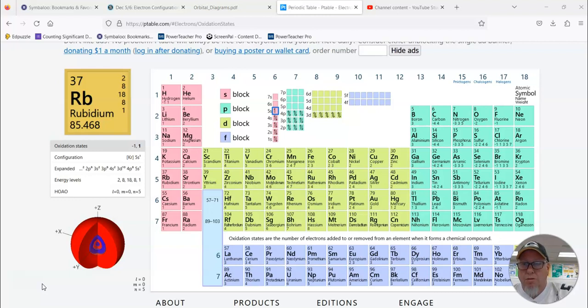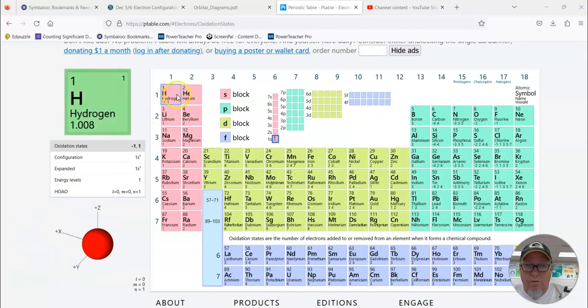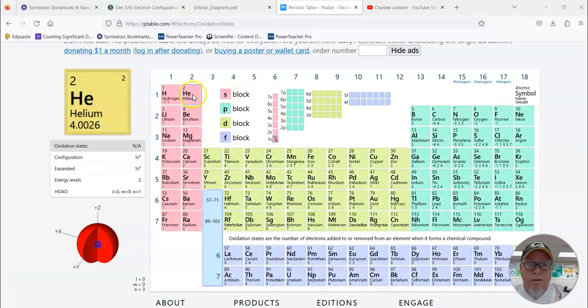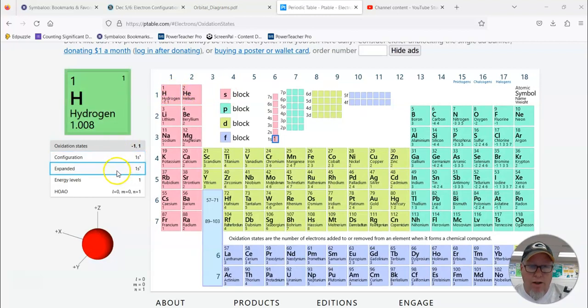The periodic table, when it was designed, is laid out really kind of neat, where these ones over here, these pink ones, if you look at the key, that's your S block. So this is 1s1. What I want you to do is focus right here, right now. This is your 1s1, this is your 1s2.